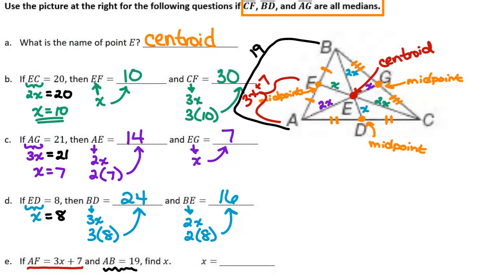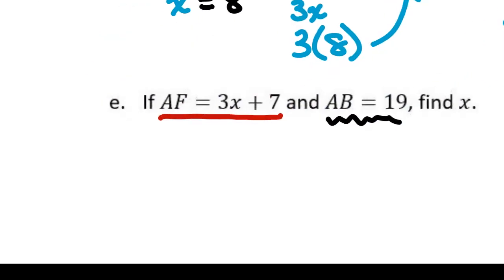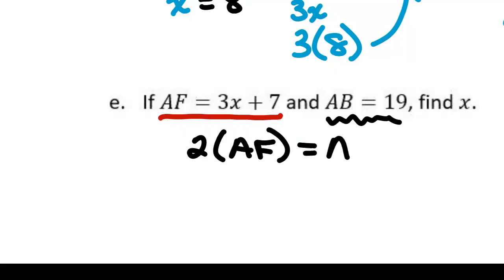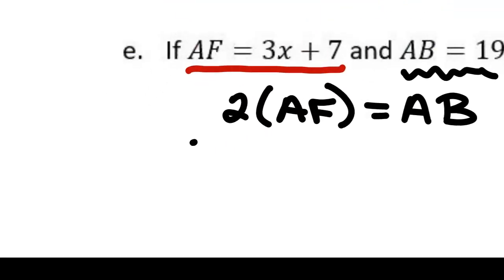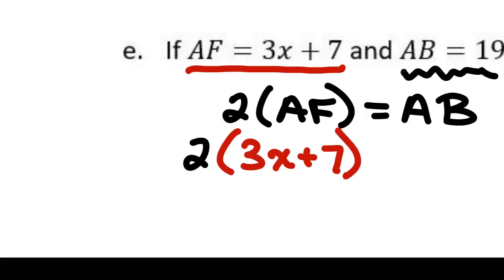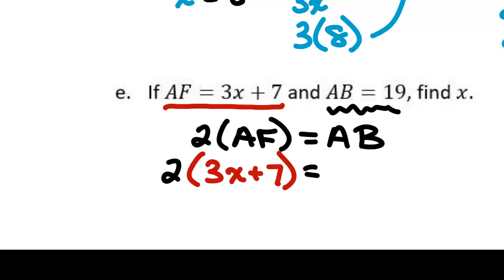What's the relationship between AF and AB? Yes, AF is half of AB because F is a midpoint. So how many segments the size of AF would it take to make AB? 2. So I can say 2 times AF equals AB. In the place of AF, we're going to put 3x plus 7. And in the place of AB, we're going to put 19.